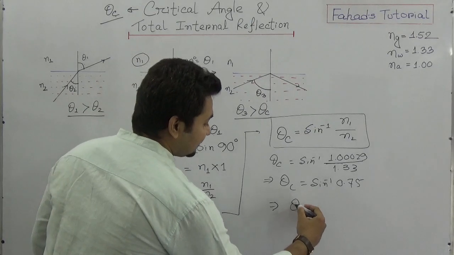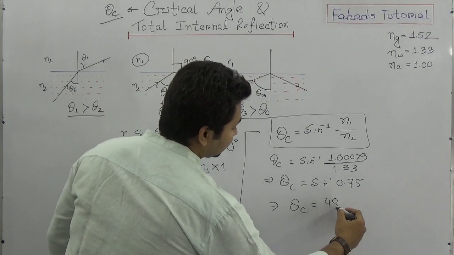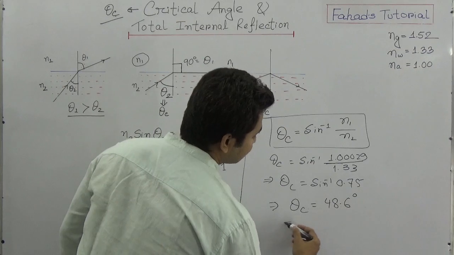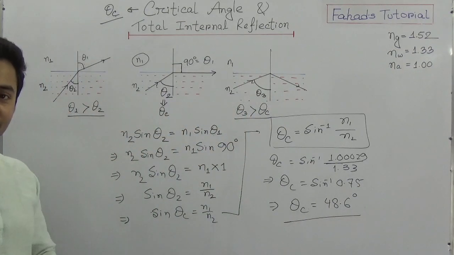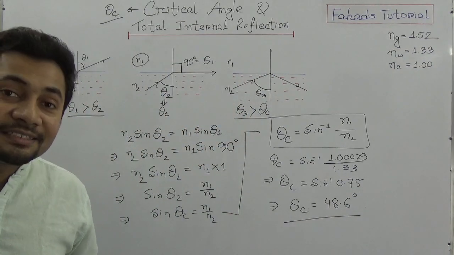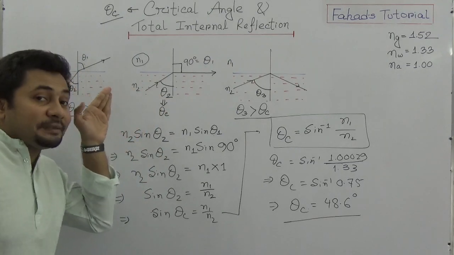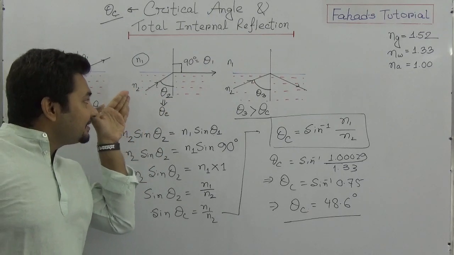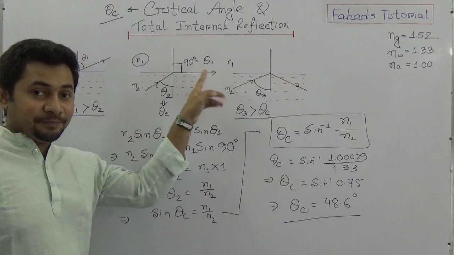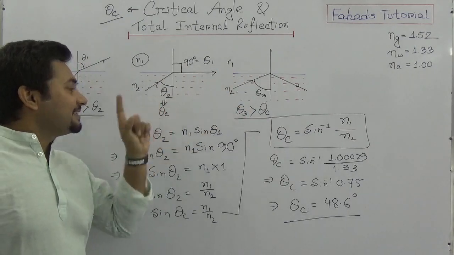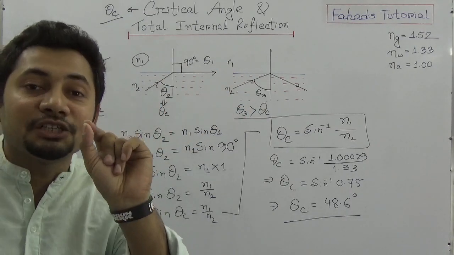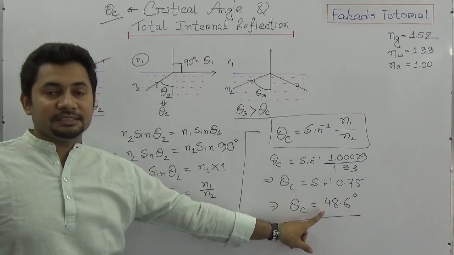So theta c is 48.6 degree. So if light falls from water to air, then theta c, the critical angle, should be 48.6 degree.